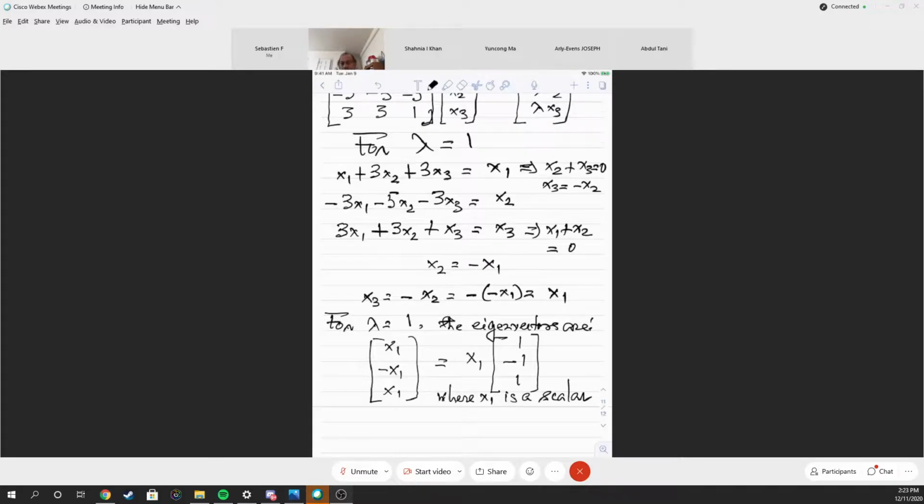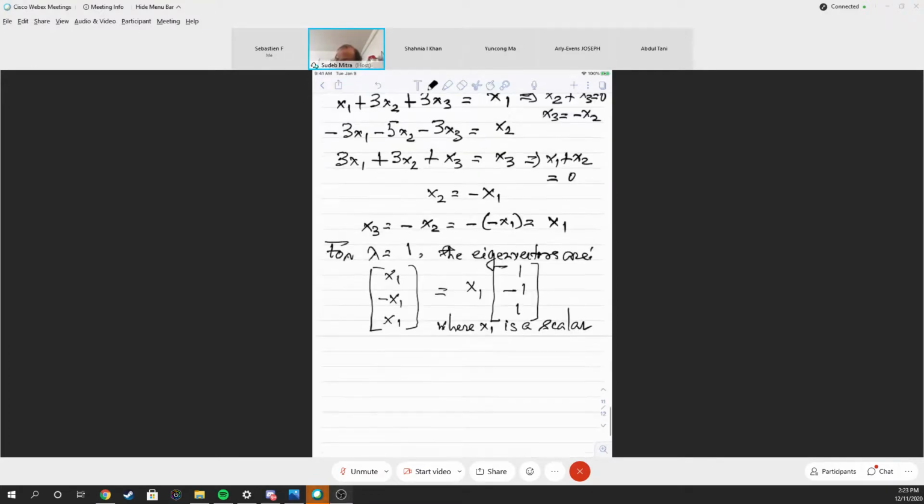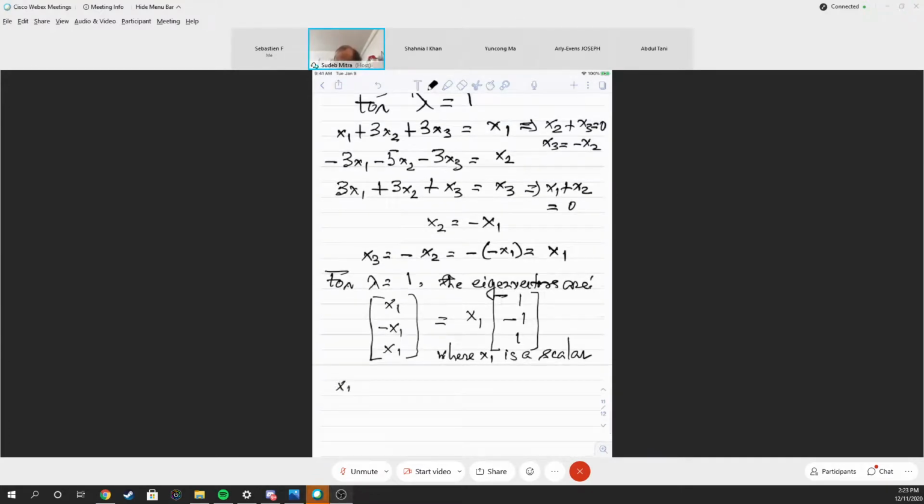Okay. Now, when you have a repeated root, that is minus 2, then this happens: x1 plus 3x2 plus 3x3 is equal to minus 2x1, minus 3x1 minus 5x2 minus 3x3 is minus 2x2, 3x1 plus 3x2 plus x3 is minus 2x3.